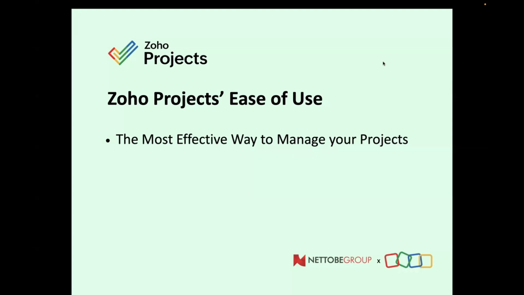the waterfall or predictable life cycle of projects, and you also have agile projects. But Zoho Projects is specifically meant for waterfall or predictable projects. To aid your planning, it allows you to categorize into milestones, task lists, and tasks.